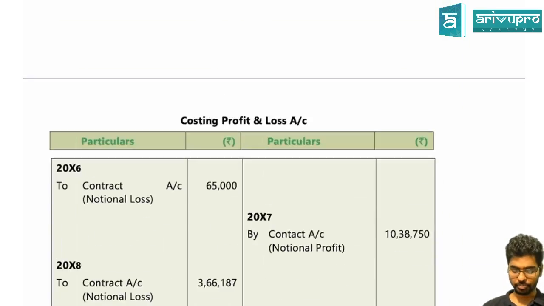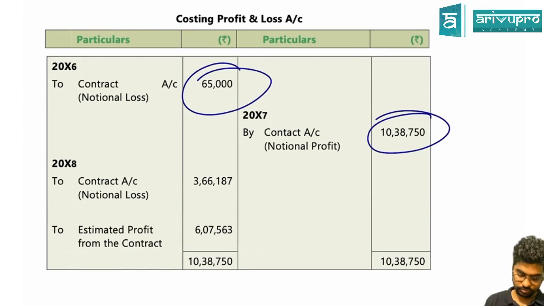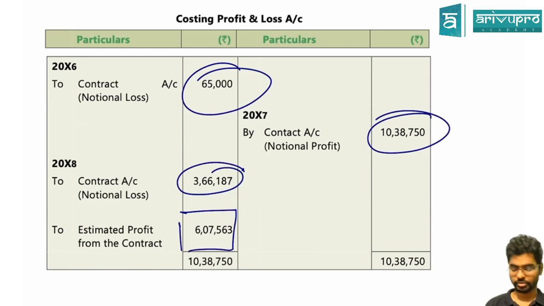If you look into the P&L account, first year was a loss, second year profit, third year is again a loss. So finally, your estimated profit is 607,563 from the contract. Guys, are you clear?